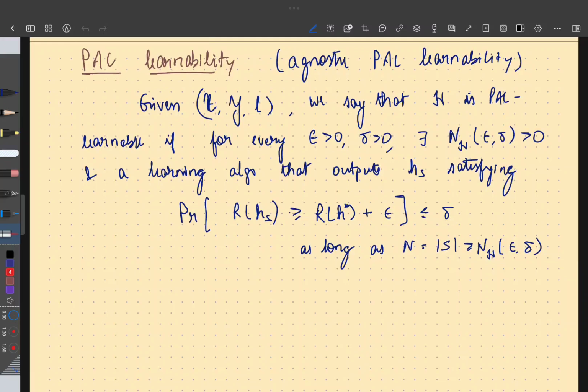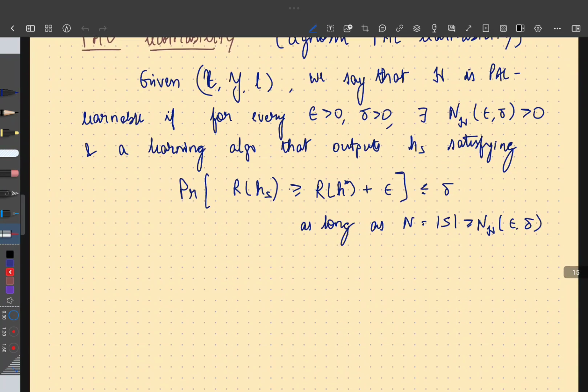Given the learning problem, which is defined by X, Y, the domain set, the label set, and the loss function, we say that a given hypothesis class is PAC learnable if for every epsilon and delta greater than 0, using a finite number of samples, that is, there is some n_H finite which depends on epsilon and delta, such that given at least n_H training samples, you can ensure that with high probability, with at least 1 minus delta probability, the risk or the estimation error is at most epsilon.